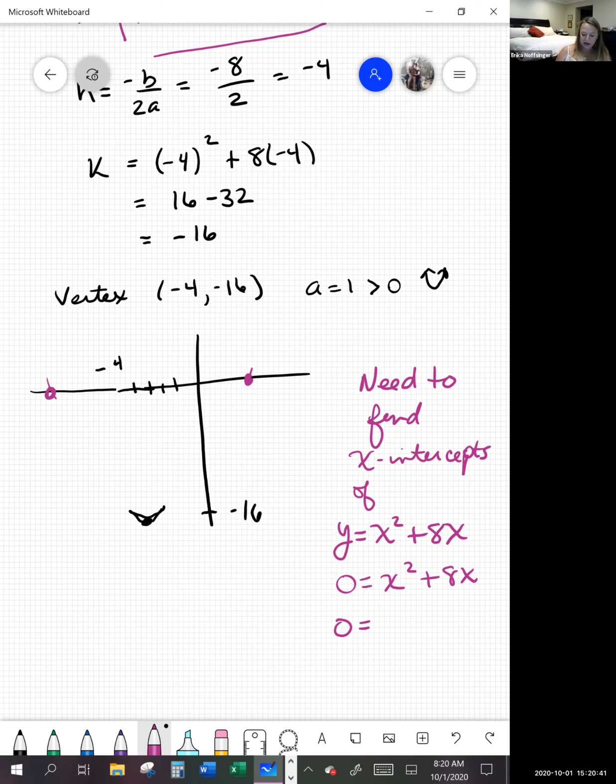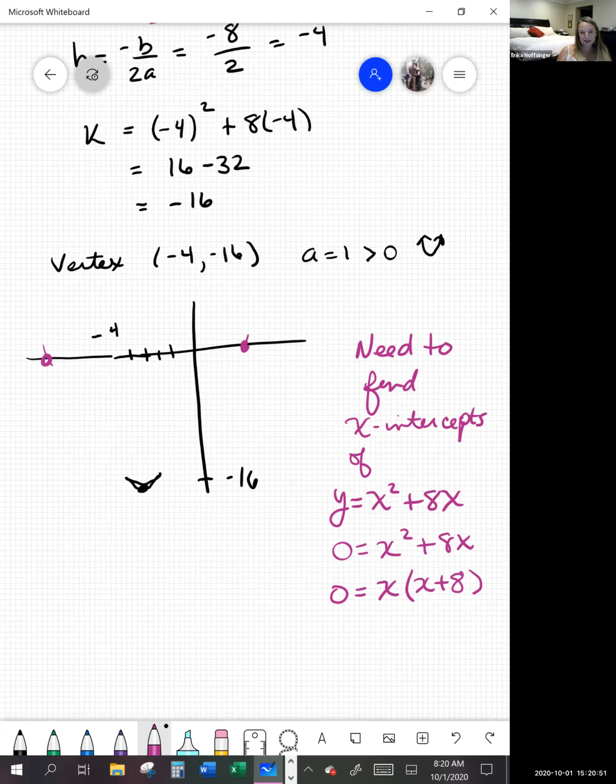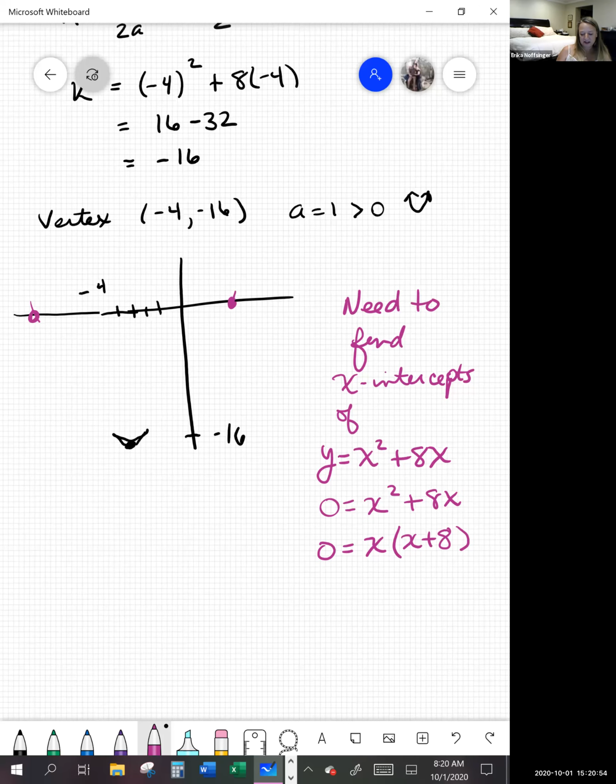We can factor out an x, and that would give me x plus 8. So once we set the polynomial equal to 0, factor it, set each factor equal to 0. So this is when x equals 0. My graph is a little off up there. And when x is equal to negative 8.